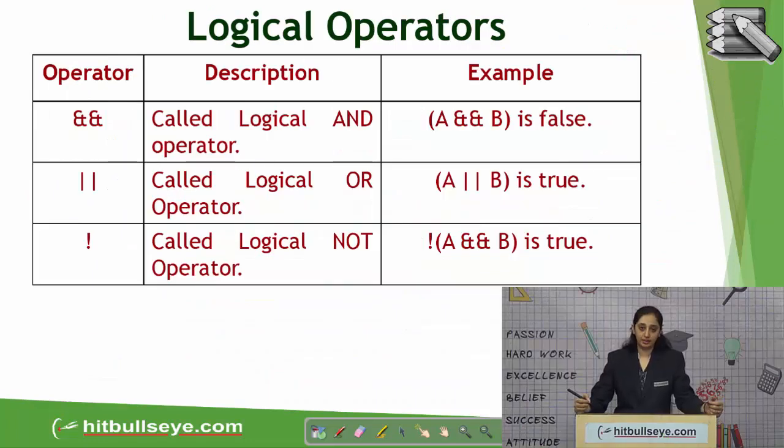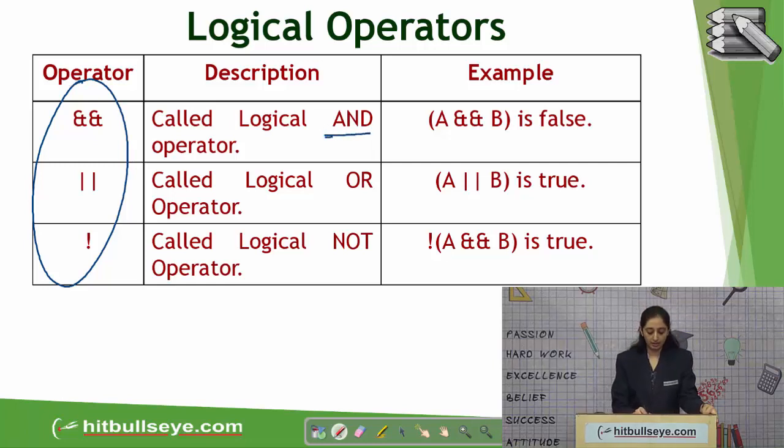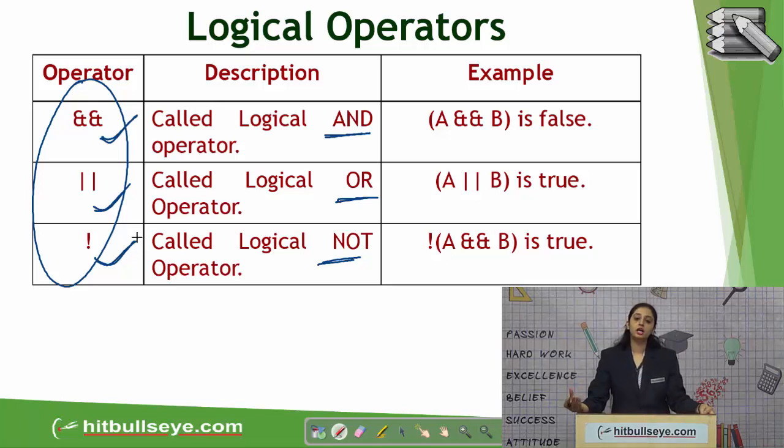Now the logical operators. Basically there are three types of logical operators, that is AND operator, OR operator, and NOT operator. Here is the symbol for AND, OR and NOT operator, right? So the AND operator will return a true value if both the operands are non-zero, and the OR operator will return a true value if any of the operands is non-zero or both operands are non-zero, right?